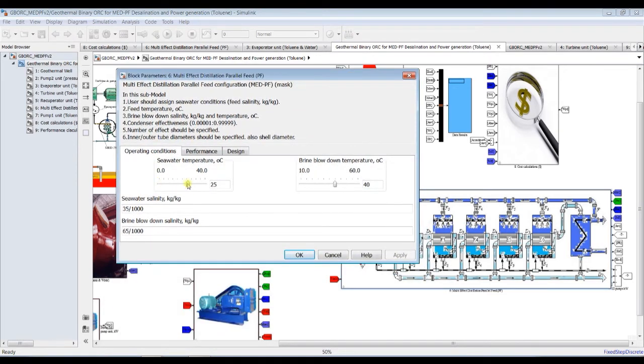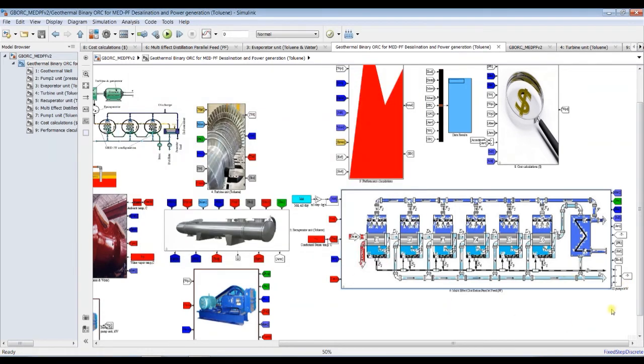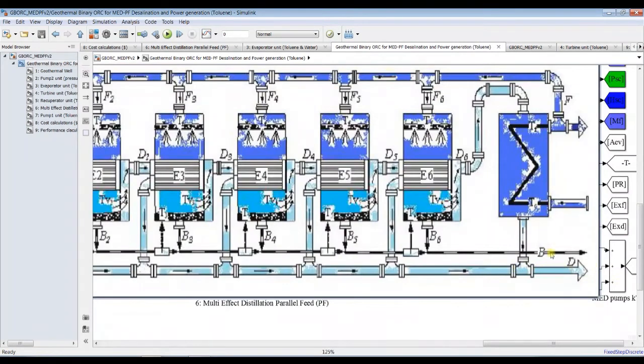For MED, this is quite interesting here. Okay, we have to assign seawater temperature or input saline water temperature, seawater salinities, and blow down salinities, because it's a design unit. This is brine blow down here, the black stream.